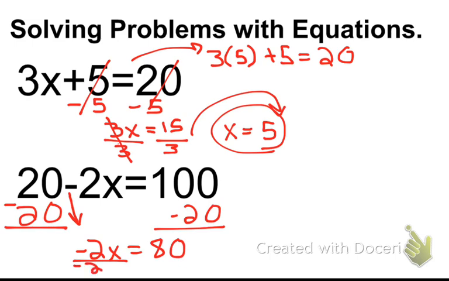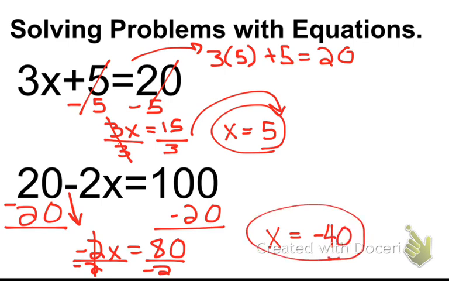If I divide negative 2 by negative 2, I end up getting positive 1x, because a negative divided by a negative is a positive. And if I do 80 divided by negative 2, I end up getting negative 40 as my answer. If you plugged this in, 20 minus a negative 40, well, I'm subtracting a negative, I would end up getting 100, positive 100.